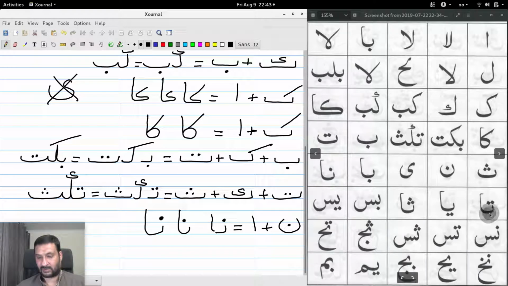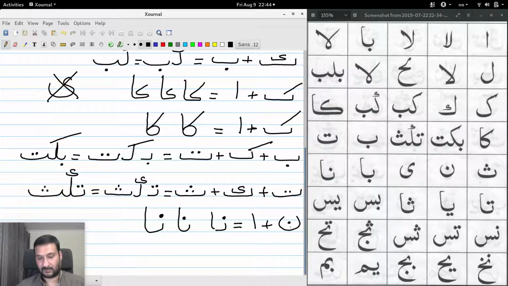Then comes ta alif. So let's write ta alif here. Ta and alif, and this is the first form of ta, the first part of ta when it's at the beginning of a word.